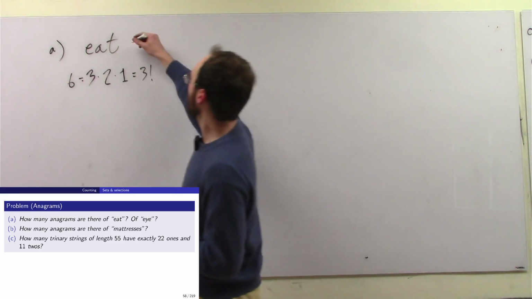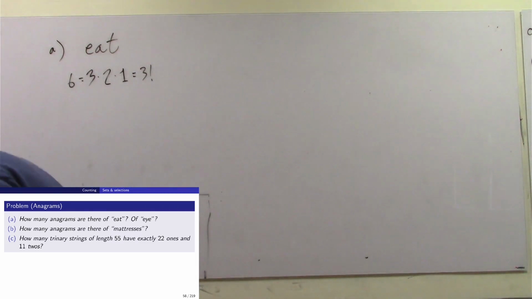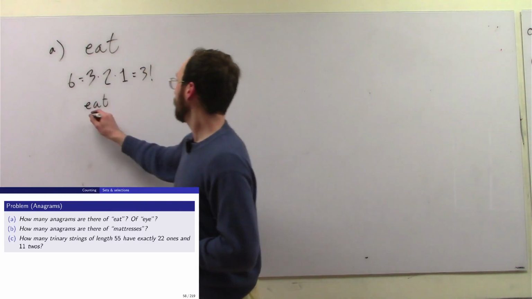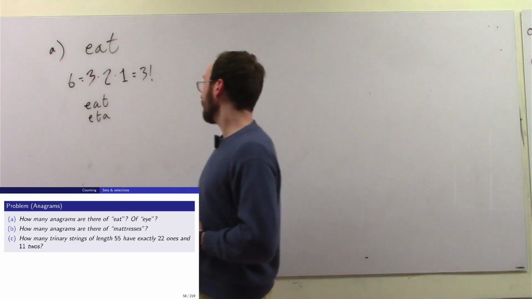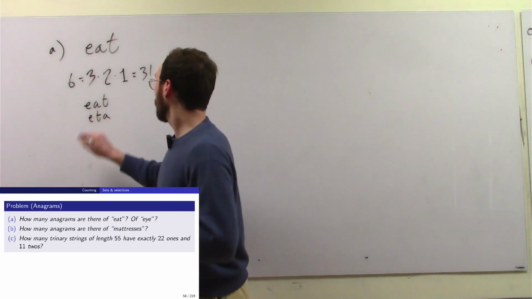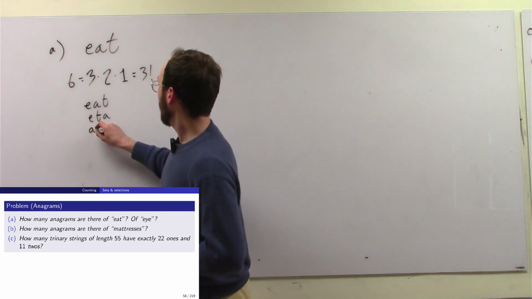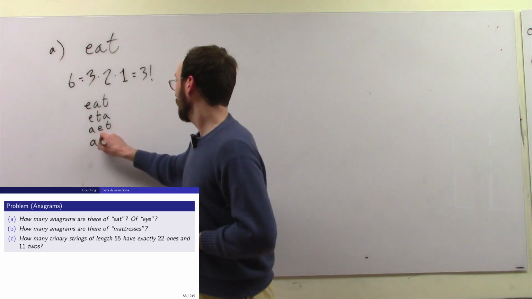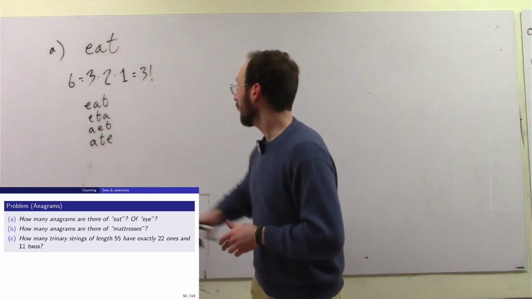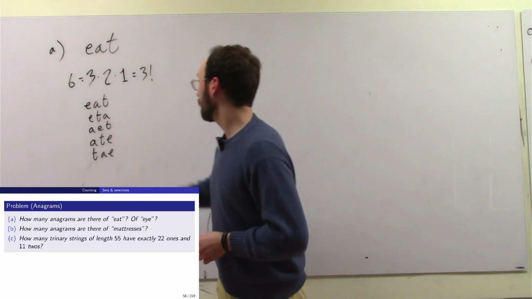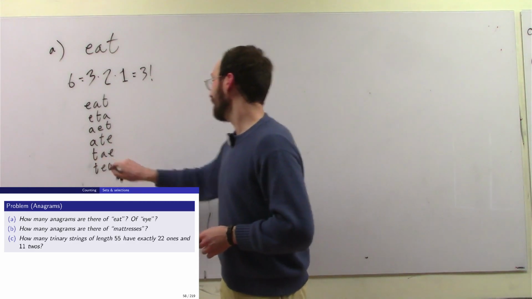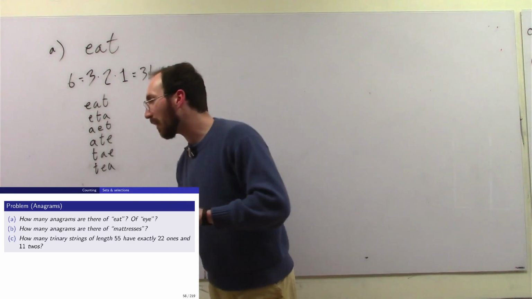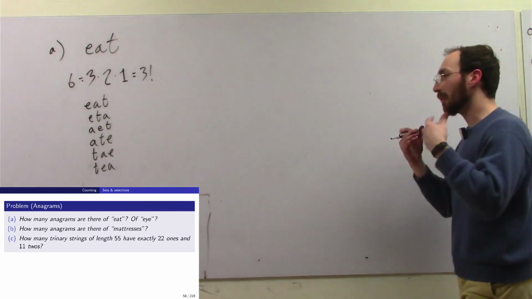Cool, which those are: we got eat, got to include the thing itself, ETA, nice. Let's see, ate, maybe that's a Scrabble word. Now that's definitely a Scrabble word. Okay, and tea, perfect.